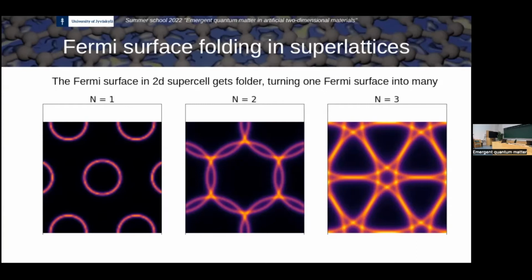So you can think that as you go from, imagine that you go from gamma point to gamma point. Then if you do a 2x2 unit cell, you have to repeat the circle once. If you do a 4x3 unit cell, you have to repeat the circle 3 times. If you do 4x4, you have to repeat it 4 times.